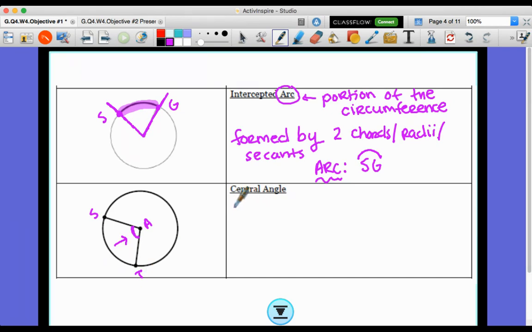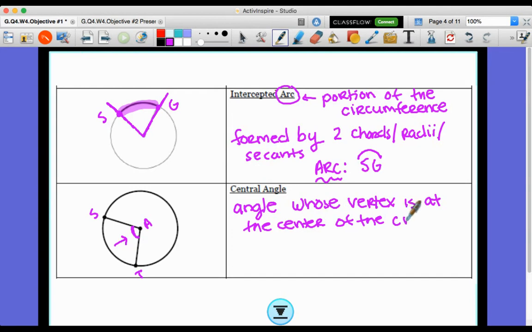So it's an angle whose vertex is at the center of the circle. Right? So A is the center, so we would name it. If this was circle A, right?